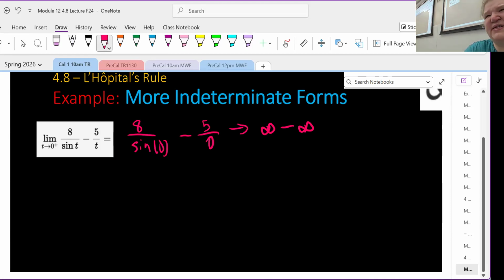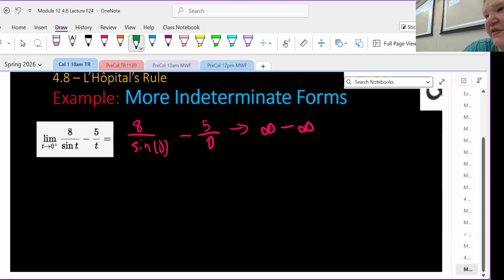Now here, it's not as obvious to determine which infinity is bigger or smaller, how they compare. So we got to do some algebra manipulation. Whenever we have an infinity minus infinity, it has to be minus.